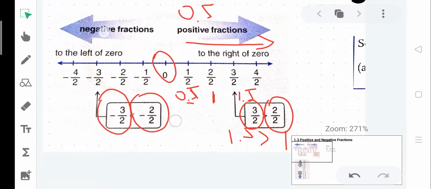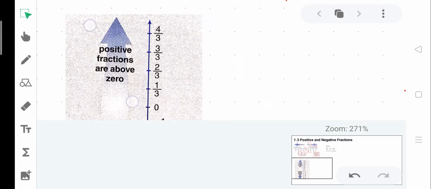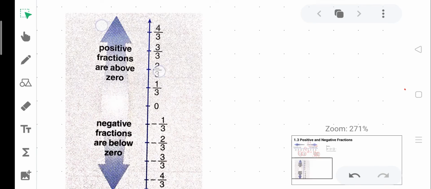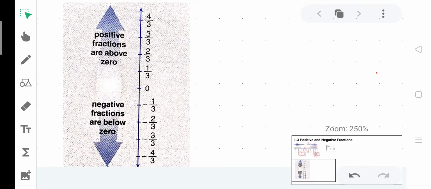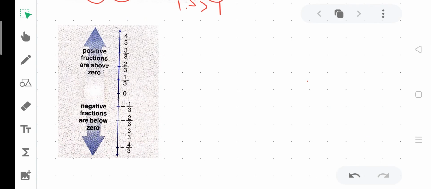Okay, so let's move on to this one, the vertical number line for positive and negative fractions. When going up from the horizontal, it means positive. When going down, it's negative, which means the number is getting smaller.